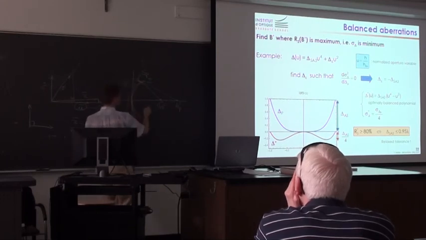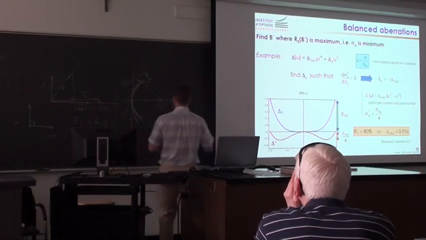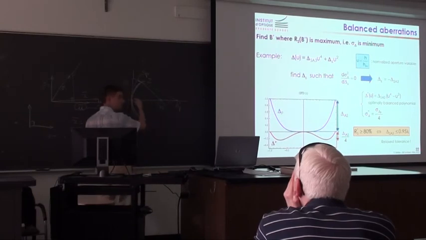By this I mean, this point is such, and this sphere, let's call it S star, is such that the variance of the wavefront sigma around this blue sphere, so the variance is the integral of the square of the differences, I'm going to shade it, this variance is minimum. If you move this way, it's going to increase, and thus the intensity will decrease. If you move this way, same thing.